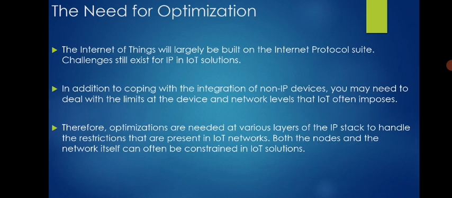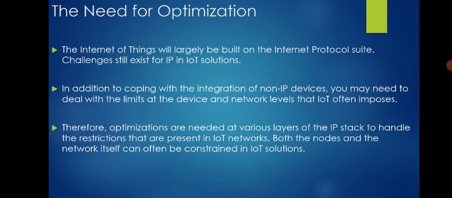In addition to coping with the integration of non-IP devices, you may need to deal with the limits at the device and network level that IoT often imposes. In the previous session we discussed two different procedures, adaptation and replacement. We need to handle non-IP supported devices.